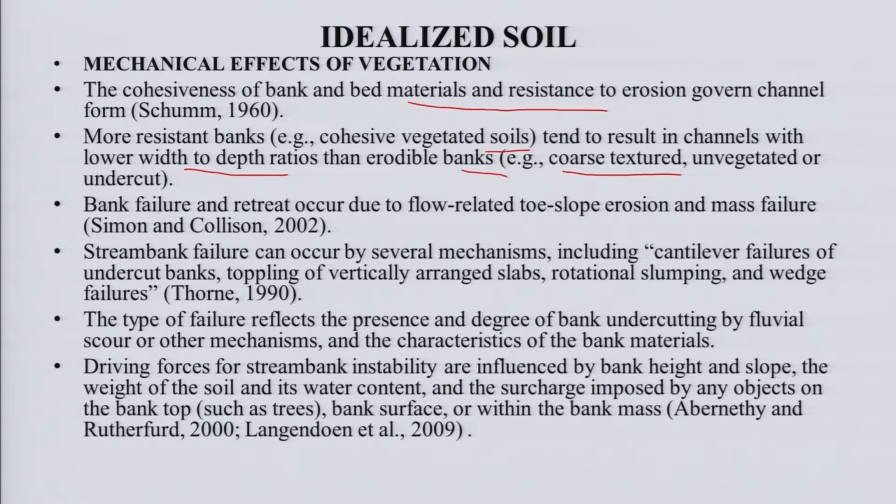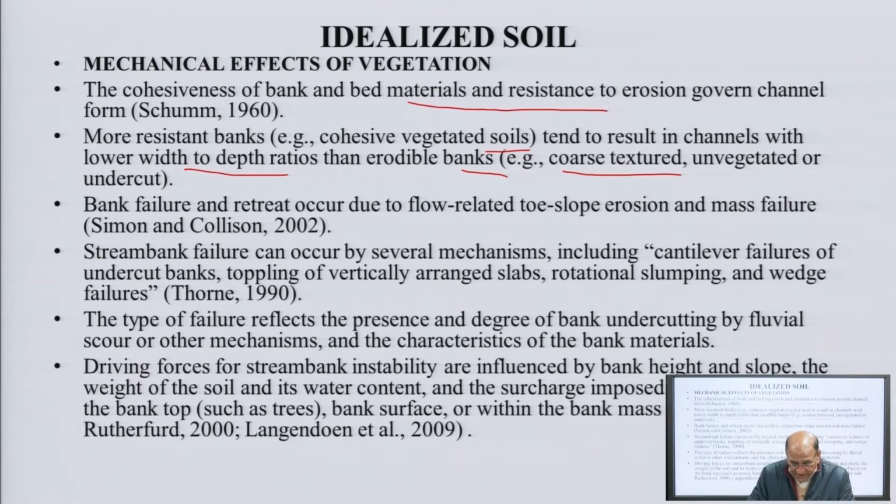The type of failure reflects the presence and degree of bank undercutting by fluvial scour or other mechanism and the characteristics of the bank materials. Driving forces for extreme bank instability are influenced by bank height and slope, the weight of the soil and its water content, and surcharge imposed by any object on the bank top. So, these are the different researchers who have done many works in this field.